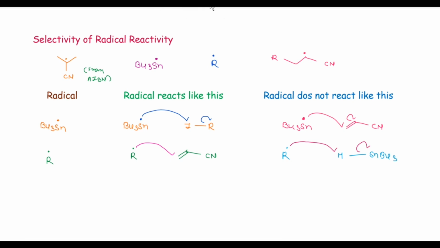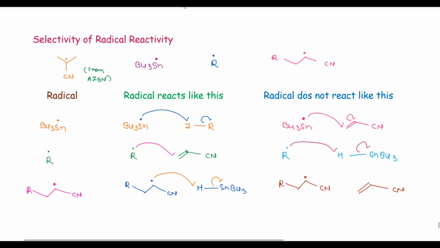Next we have this radical. So this radical abstracts hydrogen radical from TBTH. This is the correct way of its reactivity. But this radical does not react like that, that is, it does not react again with alkene.